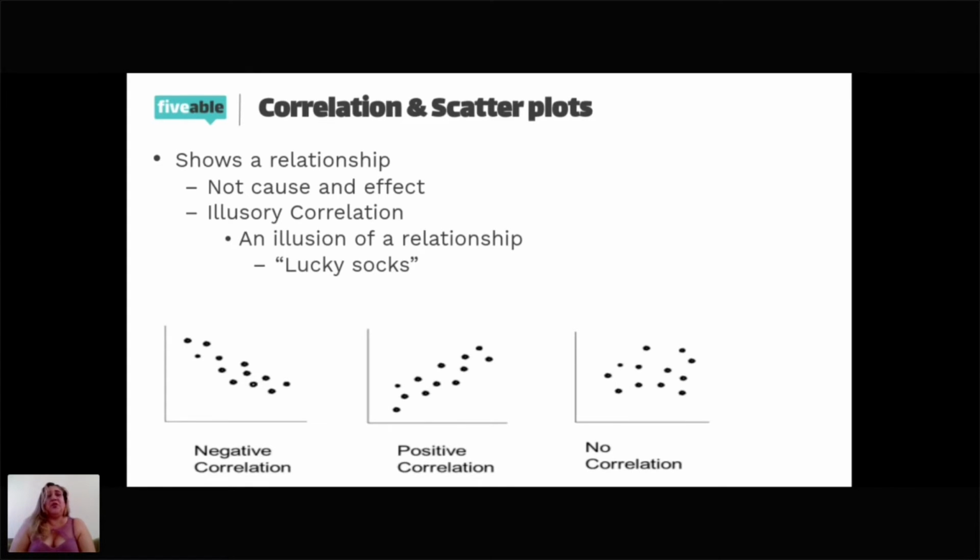Do you have lucky socks or something you have to wear all the time so you know you're going to win? Have you ever had something lucky or a ritual you had to do? Yeah, exactly. And then you win. That's an illusion of a correlation. That's not real. It's not an actual relationship. It's just coincidence that it happens. That's what an illusory correlation is. It's an illusion of a relationship.